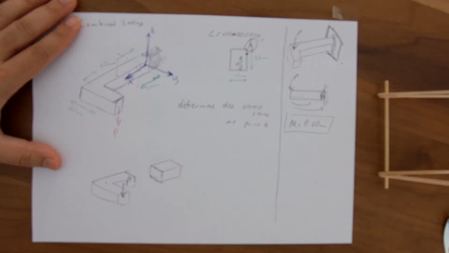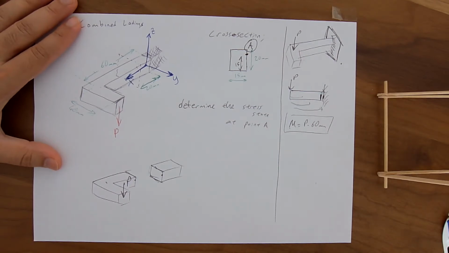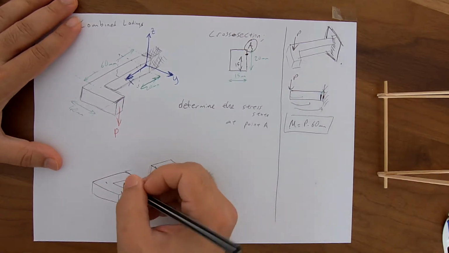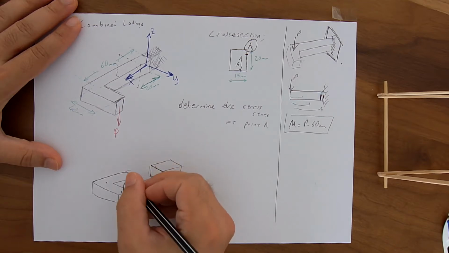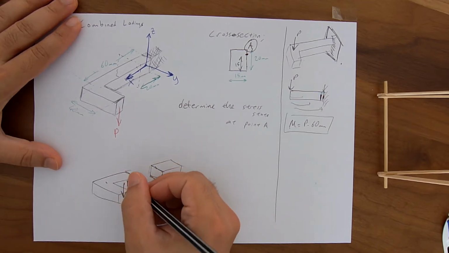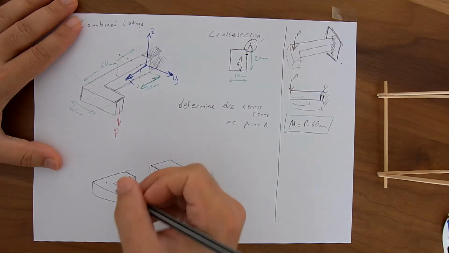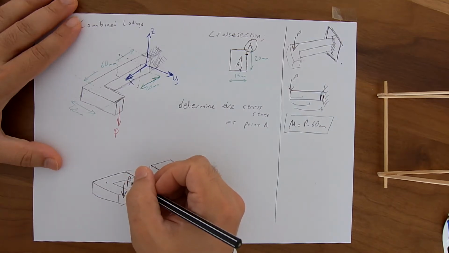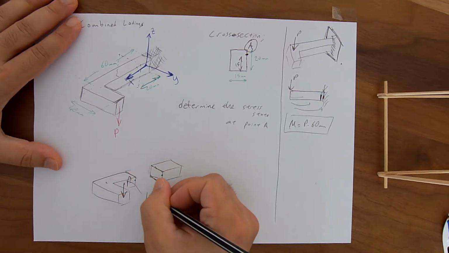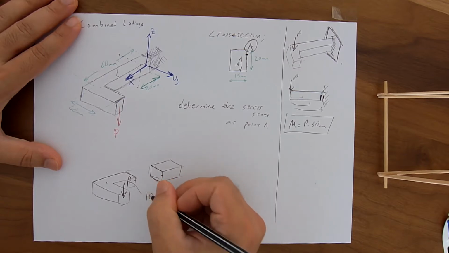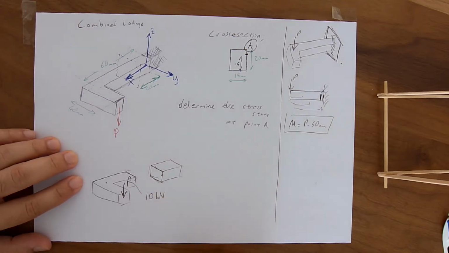So in order to avoid additional calculations, I prefer to deal with this segment. Let's give a number for the load P. Let's say 10 kilonewton. P is equal to 10 kilonewton.